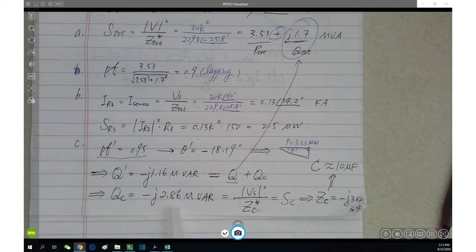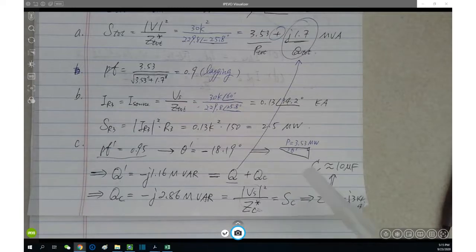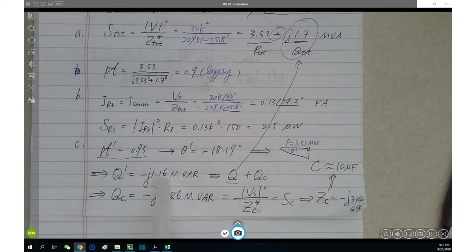No, I guess I didn't. Then, of course, your C wouldn't be the same. Then you need to go back even further. Are you getting the same new total reactive power, 1.16?